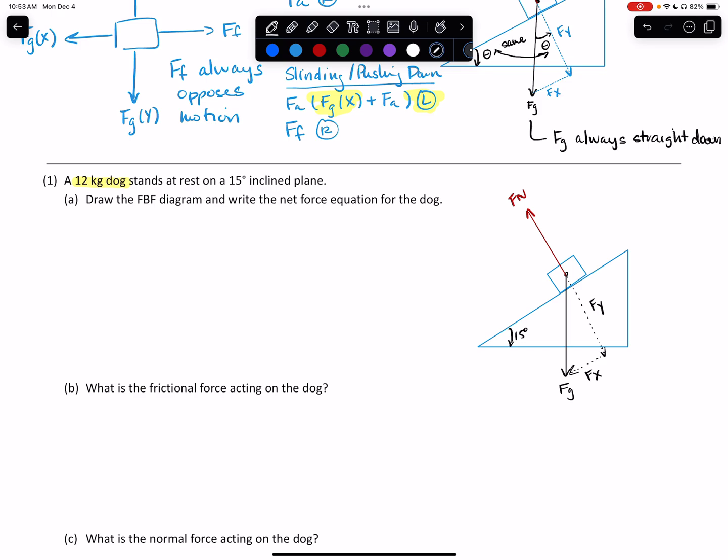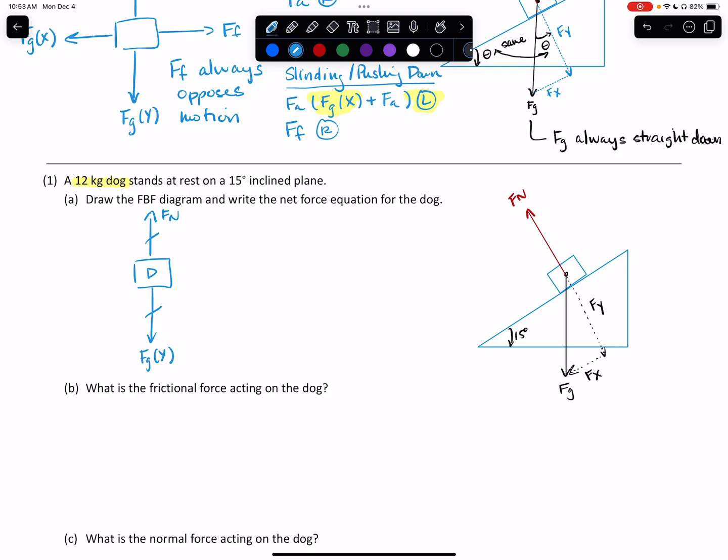All right, so let's look at our force diagram on the object. So here's my dog. There you go, D. Pointing down, I'm going to have the y component of gravity. And then equal and opposite, I'm going to have my normal force. I know it's equal and opposite because the dog is not floating off the inclined plane.